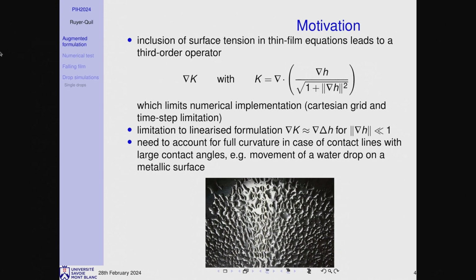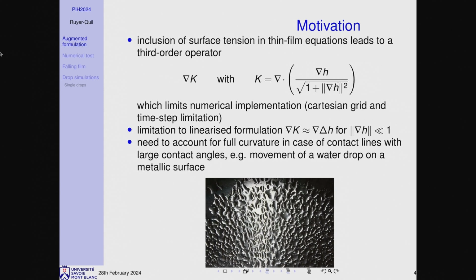This operator is not easy to implement in numerical codes because of these very high order derivatives. So generally people use only a Cartesian grid, which limits what you can do in terms of geometry, and there is also a strong limitation on the time step you can use.